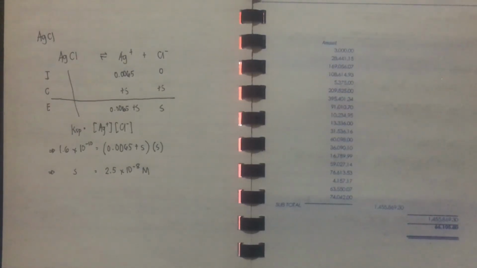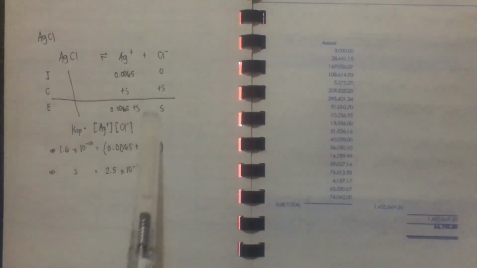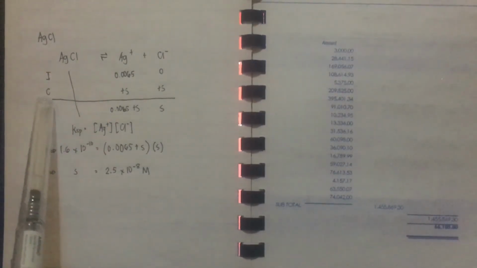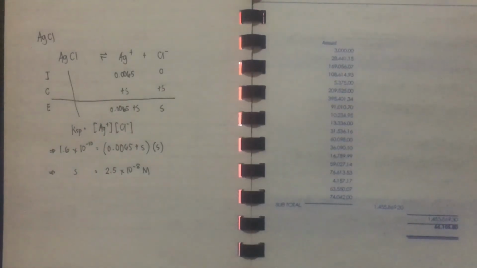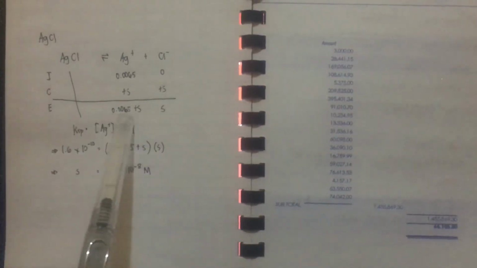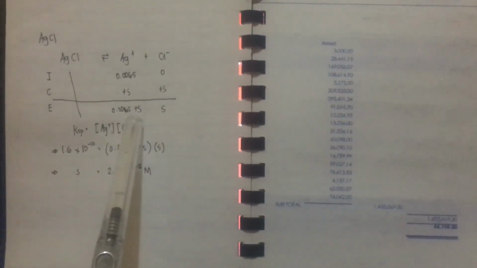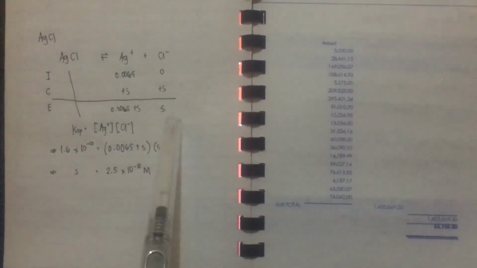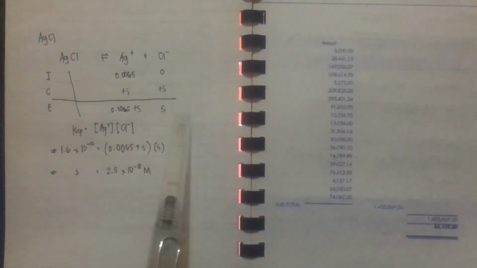The concentration of silver ions in the 0.0065 molar silver nitrate solution is 0.0065 molar. We do not have an initial concentration for chloride ions. In the change in concentration, we will use S, since S is the molar solubility of the silver chloride solid. So the equilibrium concentration is now 0.0065 plus S for silver ion. For chloride ion, it's just S.